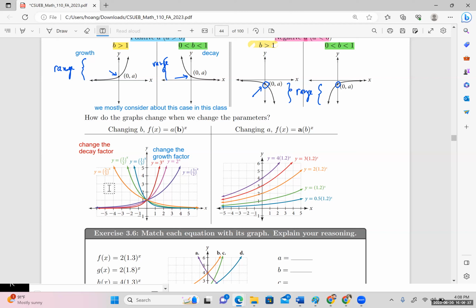So I want to make sure you see that. Changing the decay factor, you see that the closer the factor is to 0, the faster it decays, going down quickly.